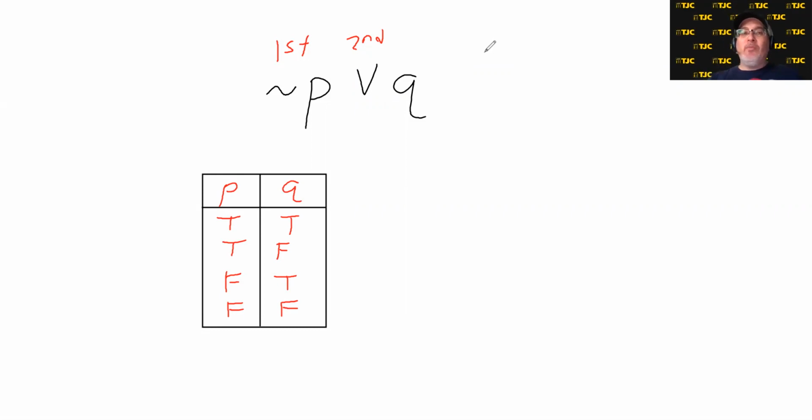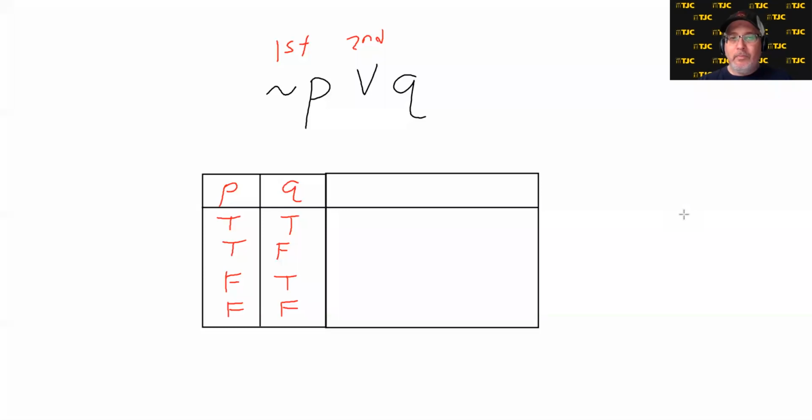Then set up 1 column per negation or connective based on the order that you have in the hierarchy. So since we had 2 symbols, a negation and a disjunction, we need 2 more columns. When you're drawing your columns, pay attention to the connective or negation that you're building them for, because that can help you dictate the width.